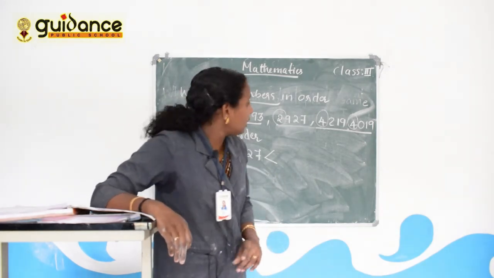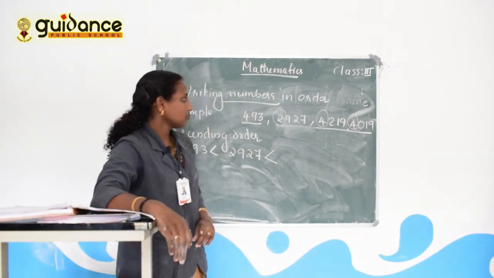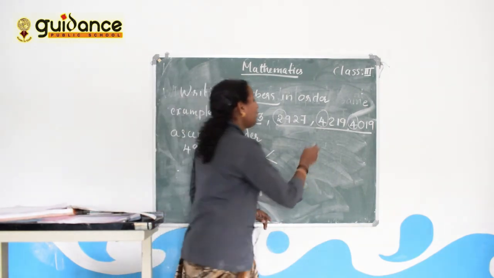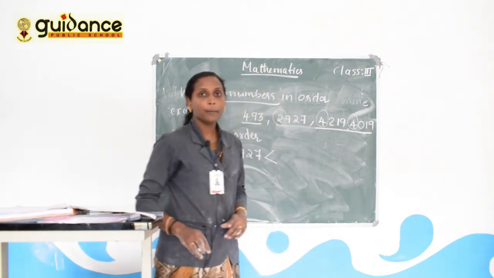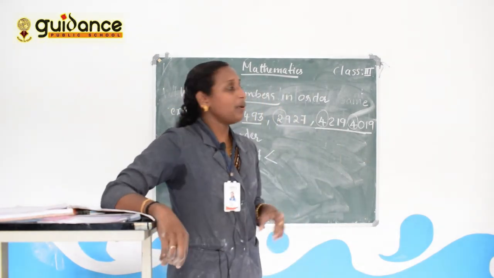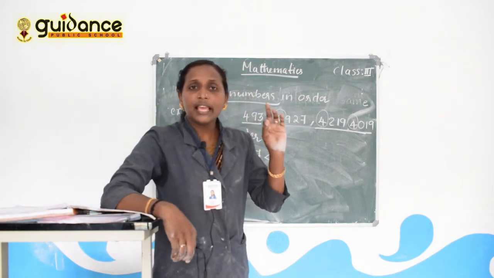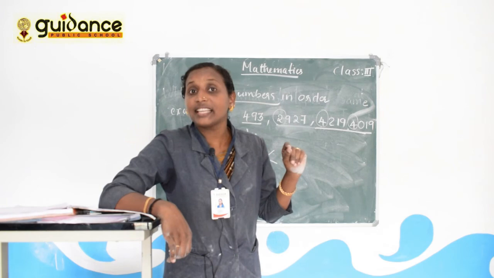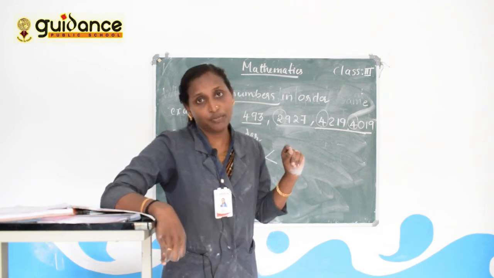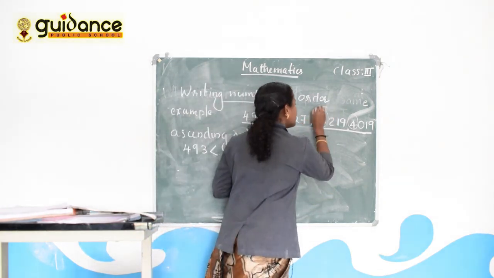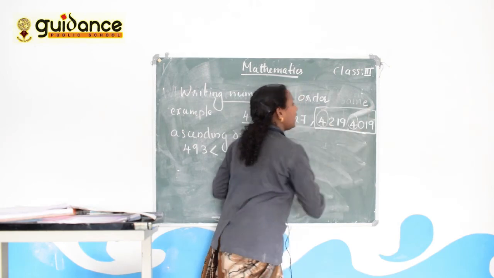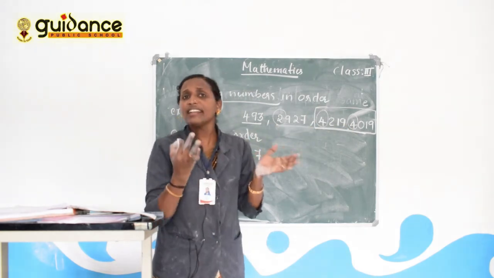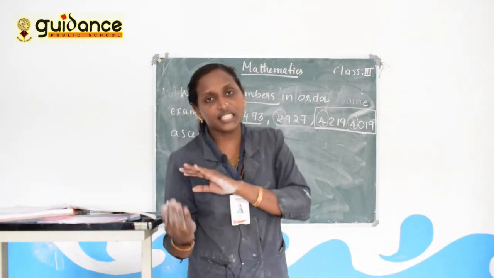Next we will compare these two numbers, 4219 and 4019. Same number of digits, same digit in the thousands place. So we can't tell which is the greatest number and which is the smallest.